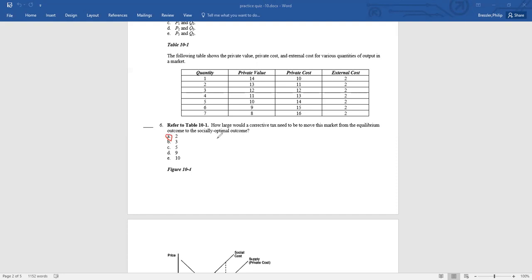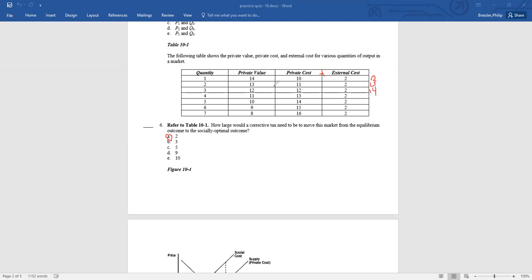They could ask you what is the socially optimal equilibrium. All right, so that would be the private value or demand equaling the marginal social cost, which is private cost plus external cost. So if I'm looking for the socially optimal, it'd be 12, it'd be 13, it would be 14.